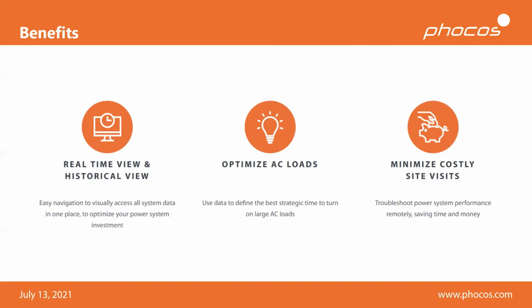So you can use this FocusLink Cloud Portal to optimize when to turn on and off your high power AC loads. In a more residential environment where you might be connected to the grid, this could include your washing machine, cooking, maybe you have an electric vehicle, be it a scooter, a motorcycle, or a car.